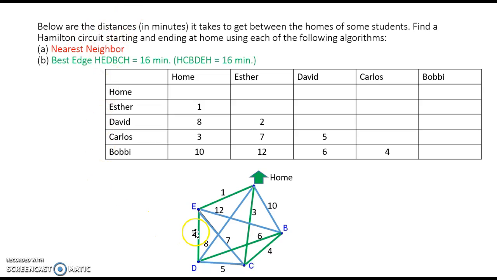So keep in mind that it's an unsolved problem unless we want to do what's called brute force and calculate all the possible routes through, or something very, very similar to that. We won't know that we have the best path, but these nearest neighbor and best edge do give us fairly good paths through, and you should know how to follow step by step each of these two algorithms.